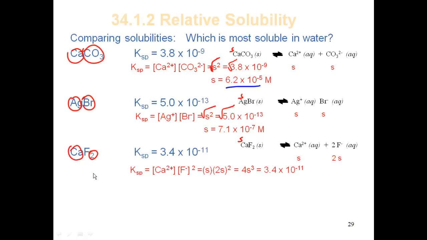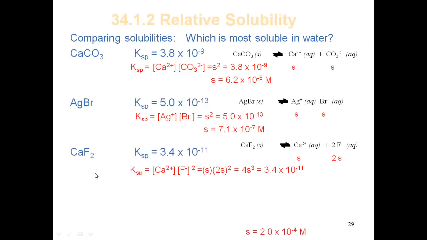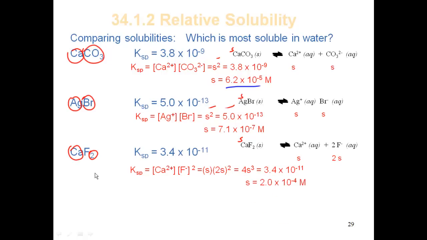Then I divide both sides by 4 and take the cube root of both sides, which gets me S equal to 2.0 times 10 to the minus 4th molarity, something we've already calculated a couple of times.